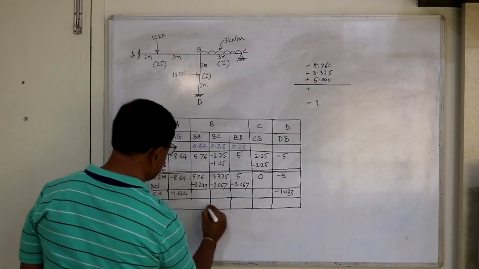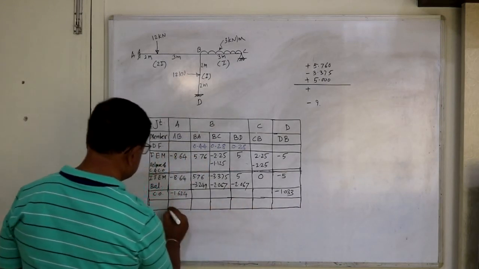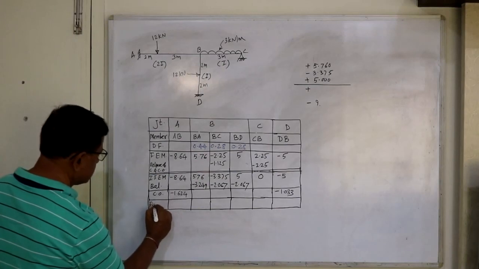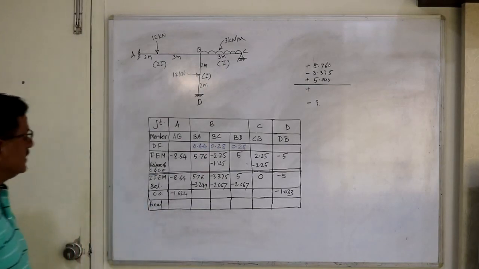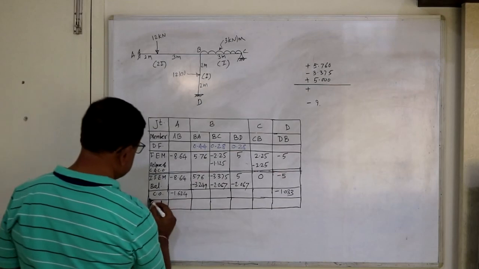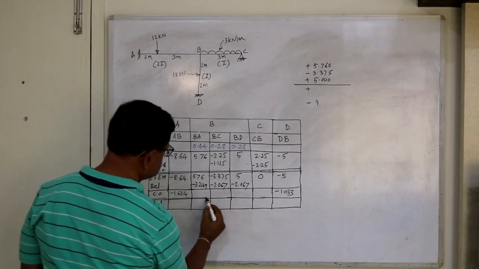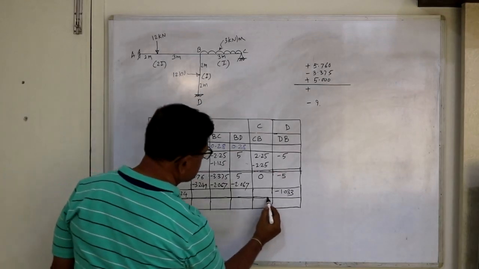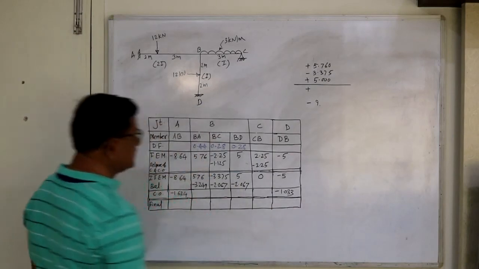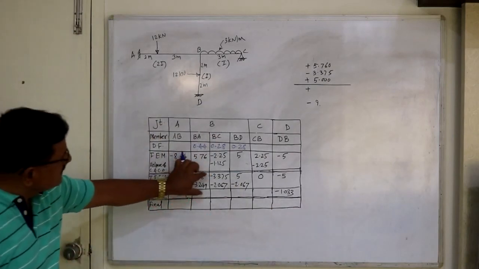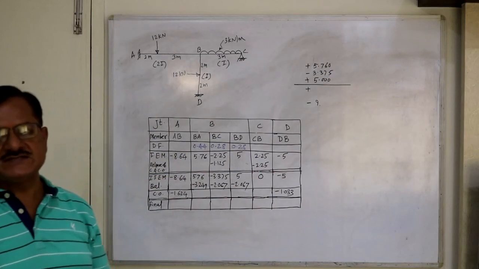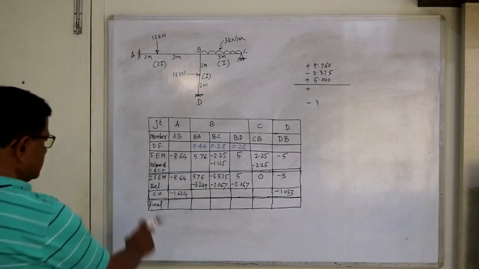And these moments are called final moments. Whenever we take final, mark a double line, just for our convenience. Take the summation between these double lines, initial moments, because we have already taken the summation here.